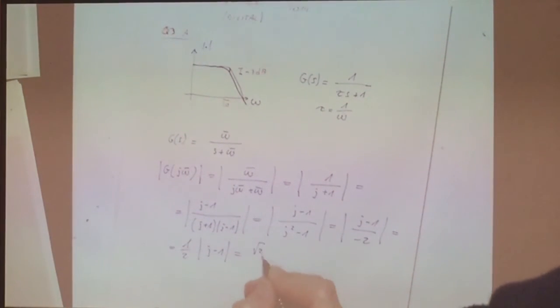So this is square root of 2 over 2, which is 0.7 something.